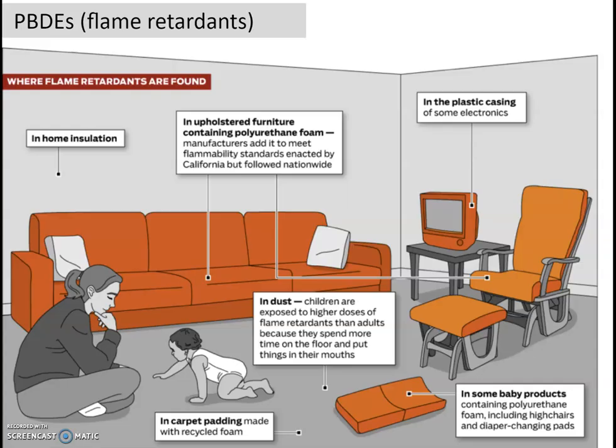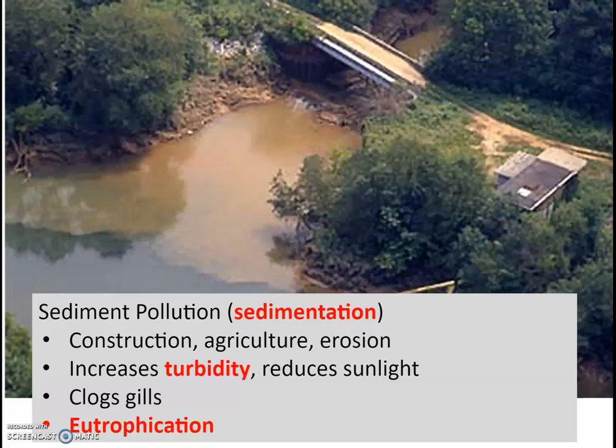PBDEs, which are flame retardants, we find them in insulation and upholstery and plastic casings and dust and carpet padding, some baby products. These flame retardants, which protect us from things being on fire, are also a source of water pollution.